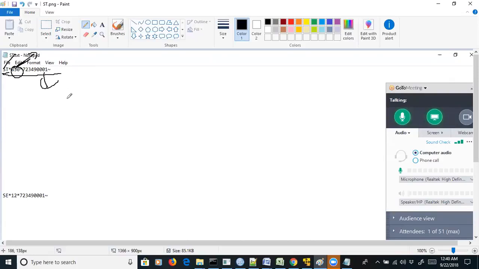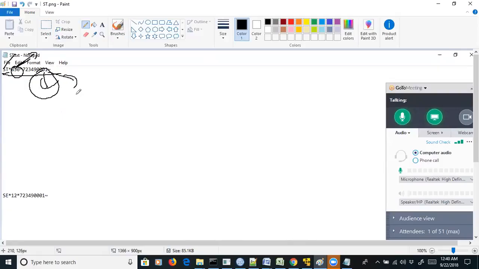Then next is your unique control number, but this is the transaction control number. For the transaction control number, you have to remember that it must be unique within a GS. It cannot repeat within a GS.